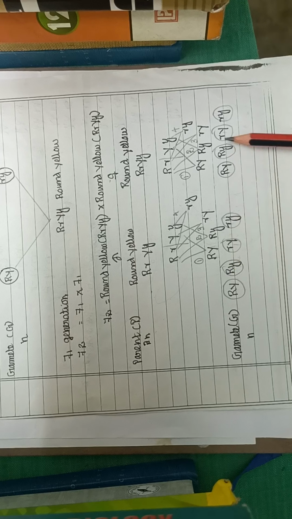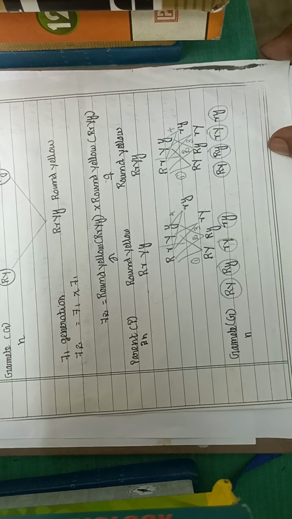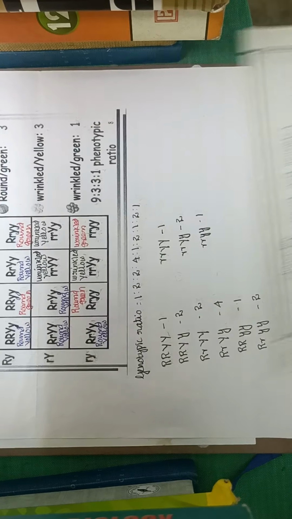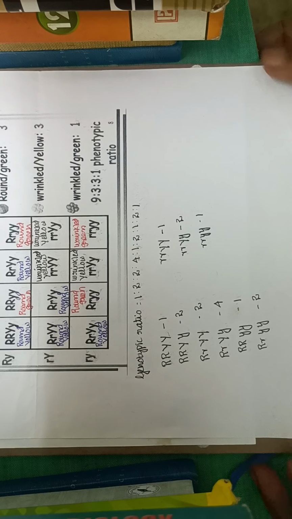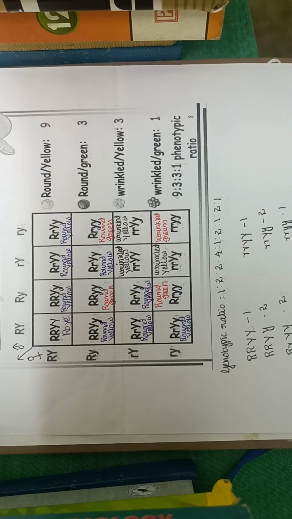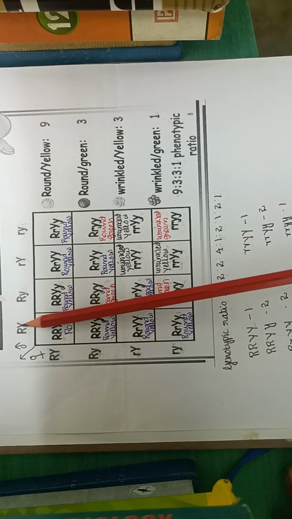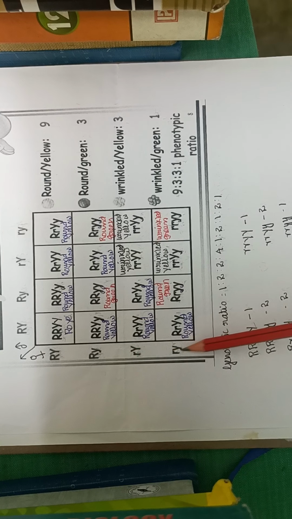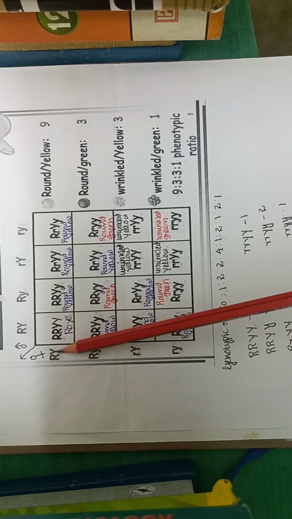When these two different types of gametes were allowed for cross-pollination, it results in the formation of 16 individuals. You can see, children, here these are all the formed male gametes. These are all the formed female gametes.